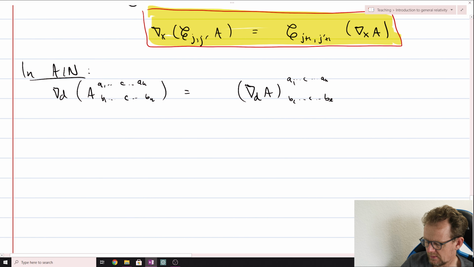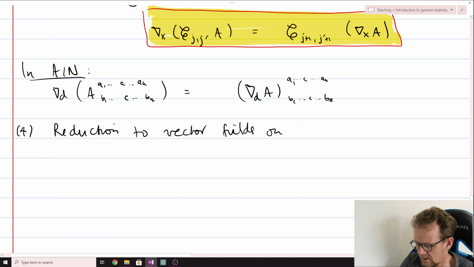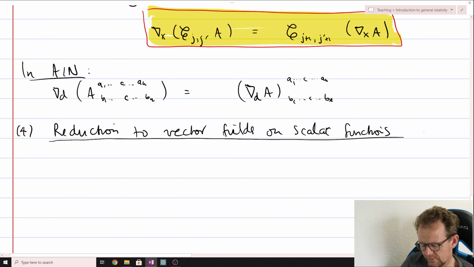Now the fourth condition that we want just tells us that if we apply our covariant derivative to something where there is a unique notion of derivative, namely on scalar fields, on smooth scalar functions, then it better do the same thing. You know, we haven't reinvented the wheel, so reduction to vector fields on scalar functions. We know that directional derivatives are in one-to-one correspondence with vector fields when applied to scalar functions, so our ∇ better be consistent with that.